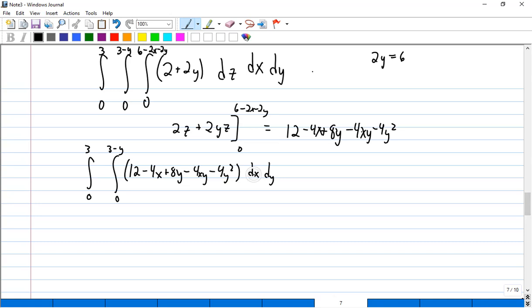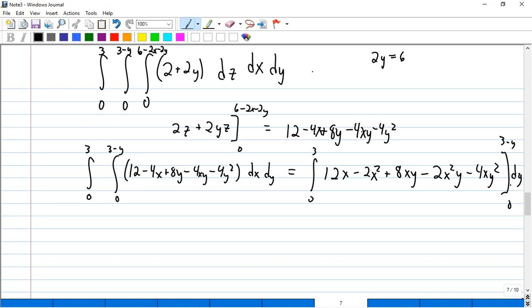All right, so now we integrate with respect to x. So that's going to be 12x minus 2x squared plus 8xy minus 2x squared y minus 4xy squared, evaluated from 0 to 3 minus y. We still have our dy left. Just to save time, we plug the 3 minus y in for every x value.